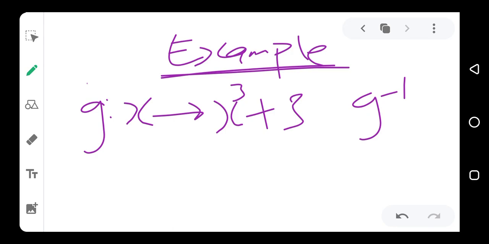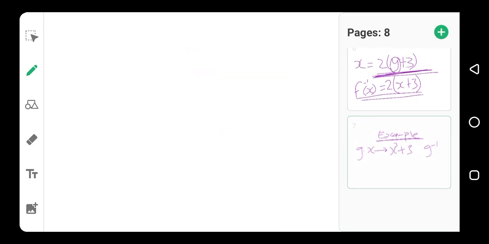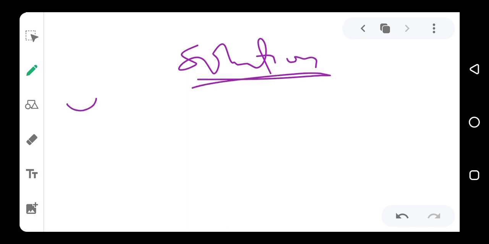To transform this means to make x take the position of y. So we start by saying solution. We start by saying that y is equal to the expression.